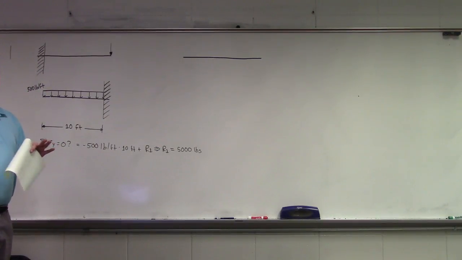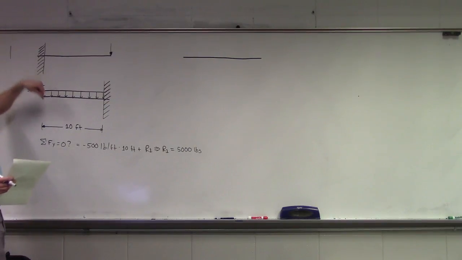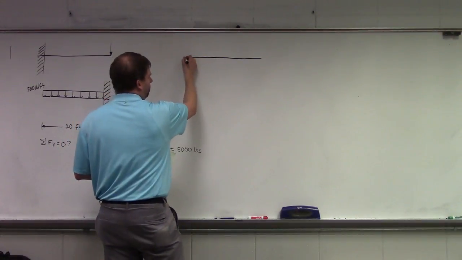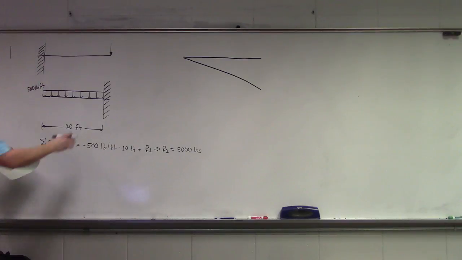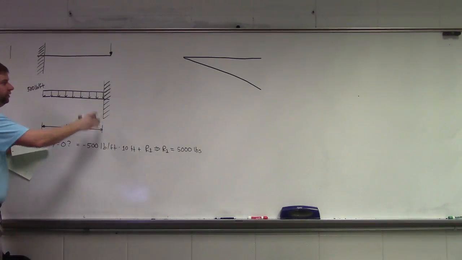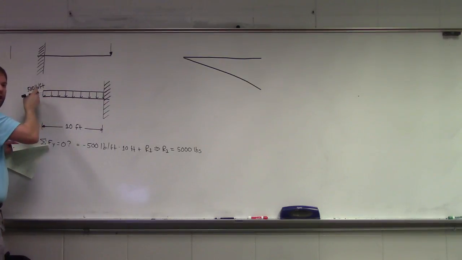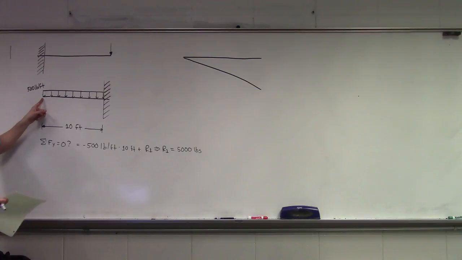Okay, and Marshall brings up a good point. Why would you go up? Here, we've defined this as being 0, right? So our shear should be traveling in the negative direction, right? If we started here, we would start at 5,000 and go down to 0, okay? Because here, what's your shear? 0, right?